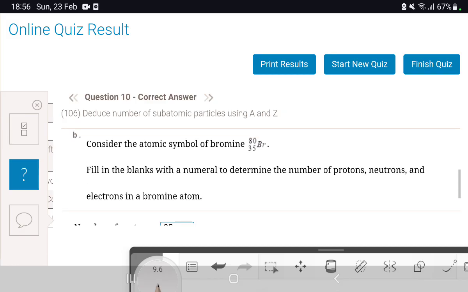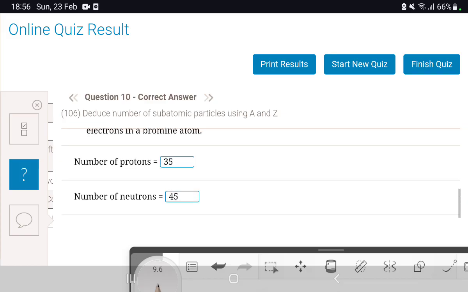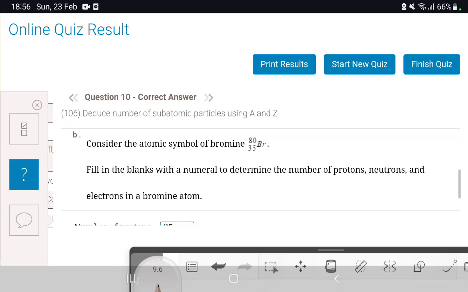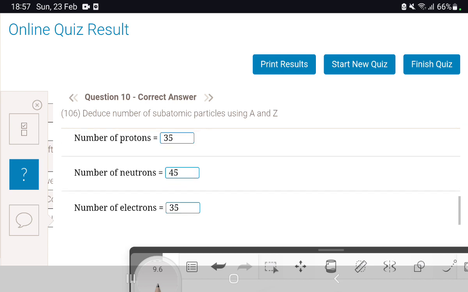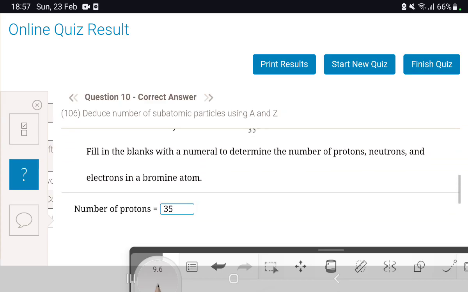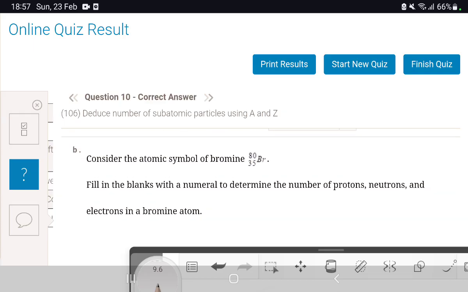So here the number of protons, as I said, is the same as the atomic number, 35. Number of neutrons, all we have to do is the mass number minus the atomic number. And then the number of electrons is gonna be the same as the number of protons here, since bromine is not charged.